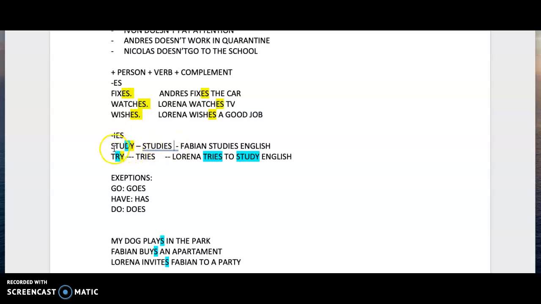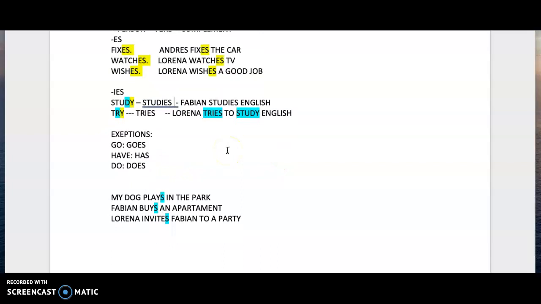Remember, in Spanish, los verbos que terminan en y y anterior a esta letra hay una consonante, se elimina la y y se escribe ies. One example, Fabián studies English. Okay? Or try, which is the verb tratar. Remember, termina en y, la anterior es una consonante, se elimina la y y queda tries. One example for this is Lorena tries to study English. Okay, this is the second rule.